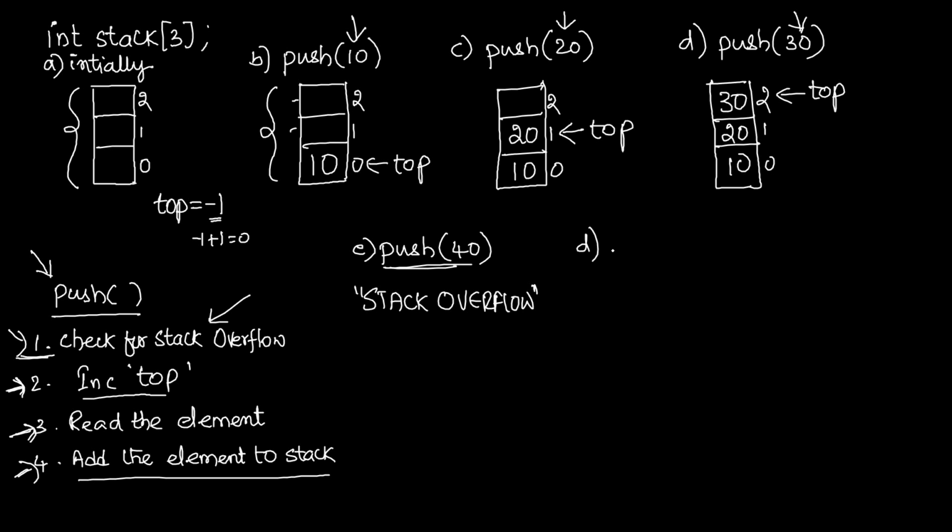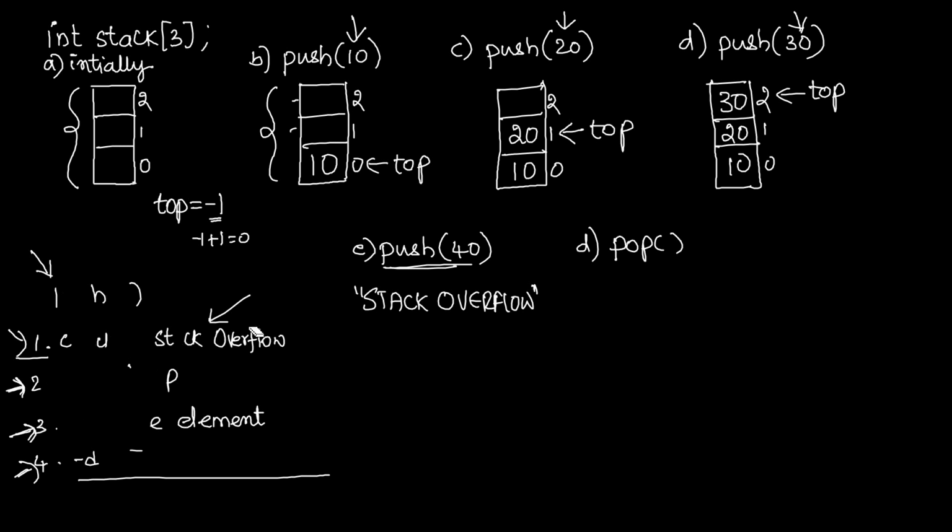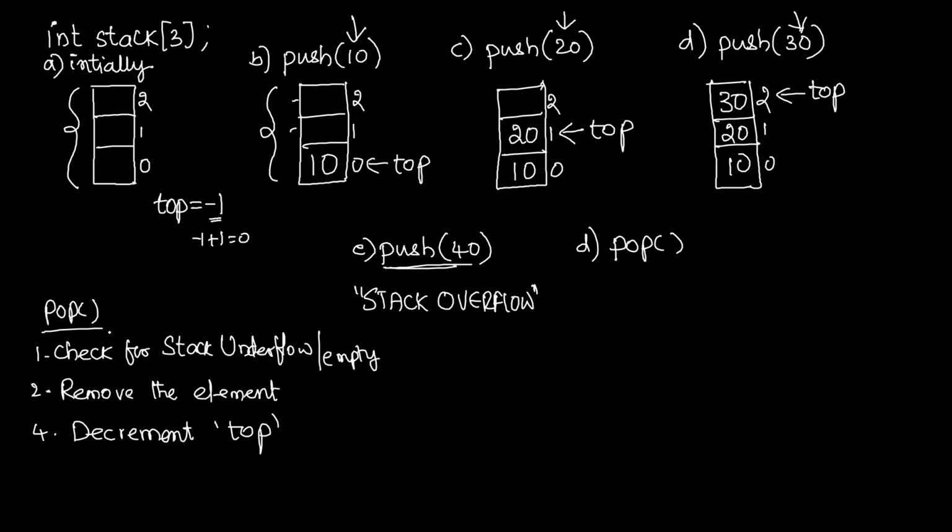Now I can delete. So I want to perform the pop operation. As we have four steps for the push operation, we also have steps for the pop operation. I am deleting all these things here. Now I will write the steps for the pop operation. You have three steps here. First, check for stack underflow or stack empty.